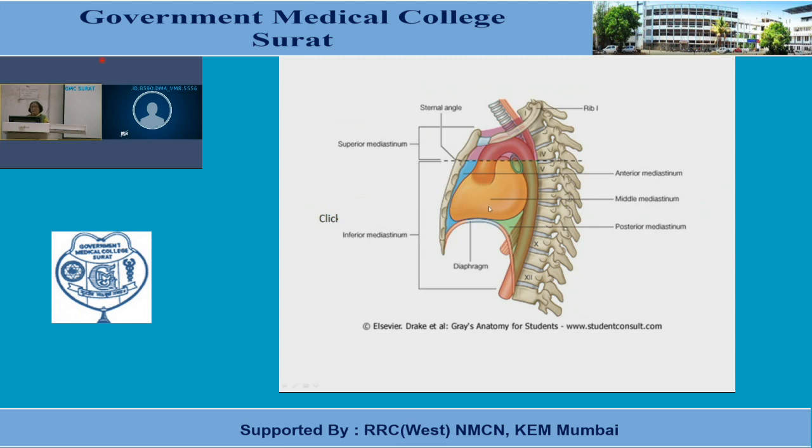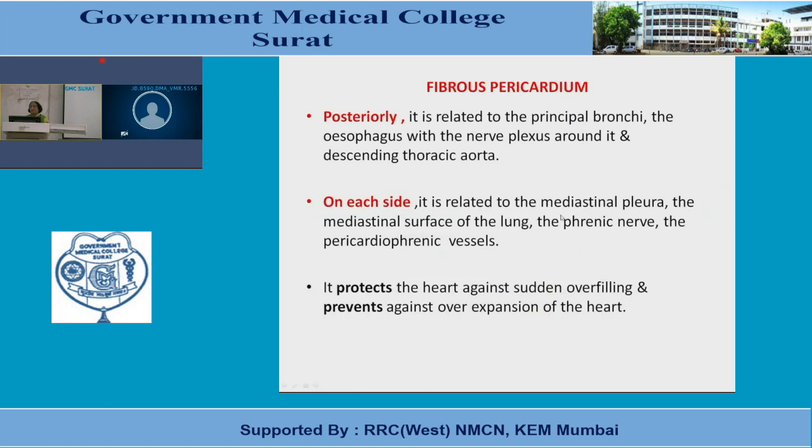Now on each side it is related to the mediastinal pleura, because the mediastinum is a central cavity. On either side of the mediastinum there are the pleural cavities, including the vital organs for the body. These are the lungs on each side, and the protective layer of the lungs is called the pleura, like heart, pericardium; like lungs, pleura.